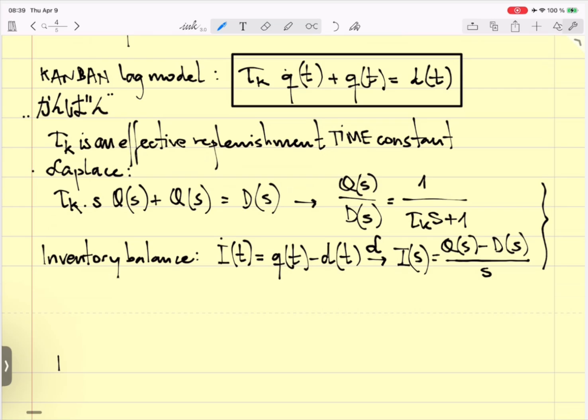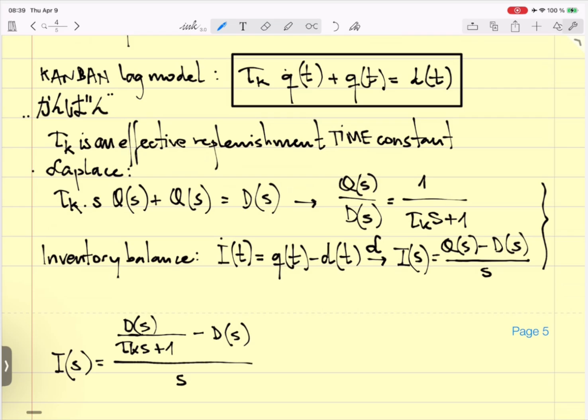We find that I of s equals d of s divided by tau k s plus 1 minus d of s divided by s.